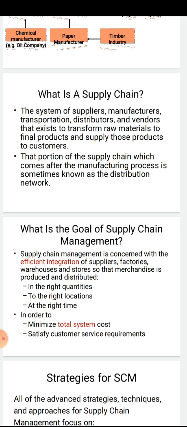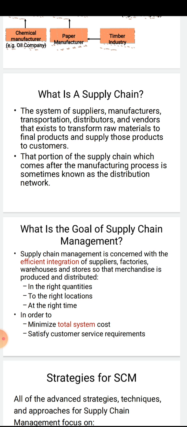Again, it deals with the machining or manufacturing process within the factories, then its storage in the warehouse, and then supplying the merchandise in the right quantities to the right locations at the right time, so as to minimize the total system cost and satisfy the customer's service requirements at a particular time. That is the goal of supply chain management, and that is the basis of SCM.